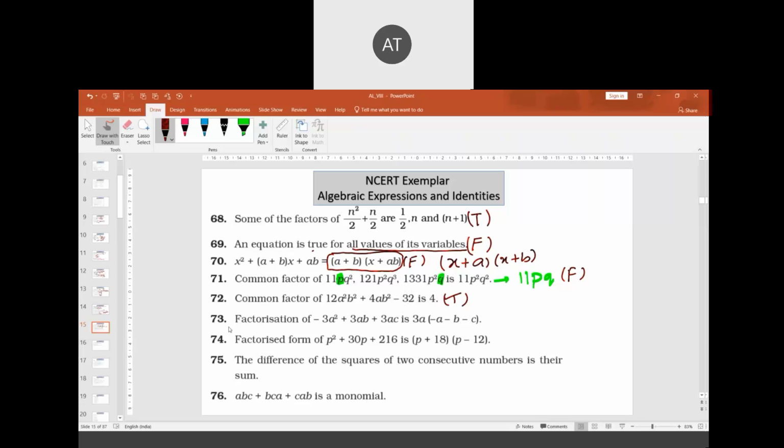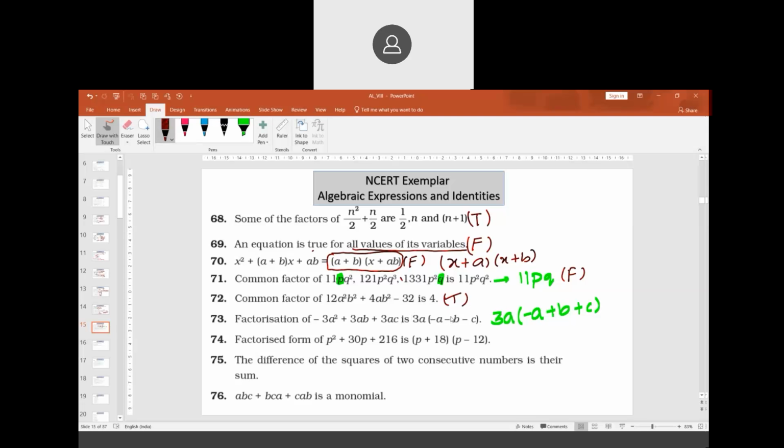73rd statement is false, because it should be 3A taken common: minus A positive remains, plus B, plus C. AB should be written plus B and AC remains plus C. They wrote C minus on both sides, so it is wrong.